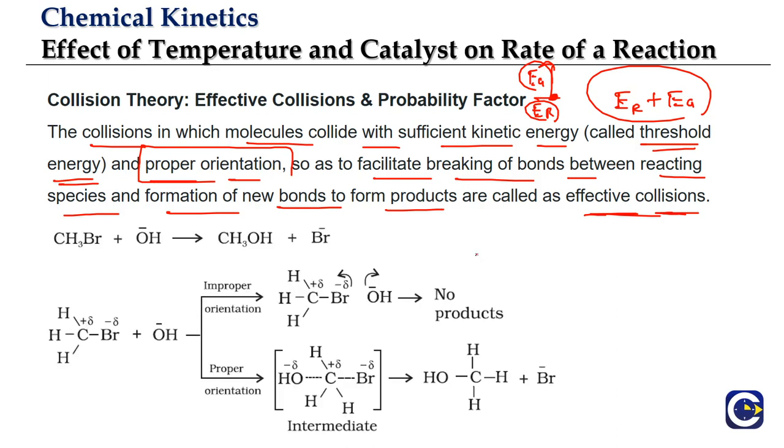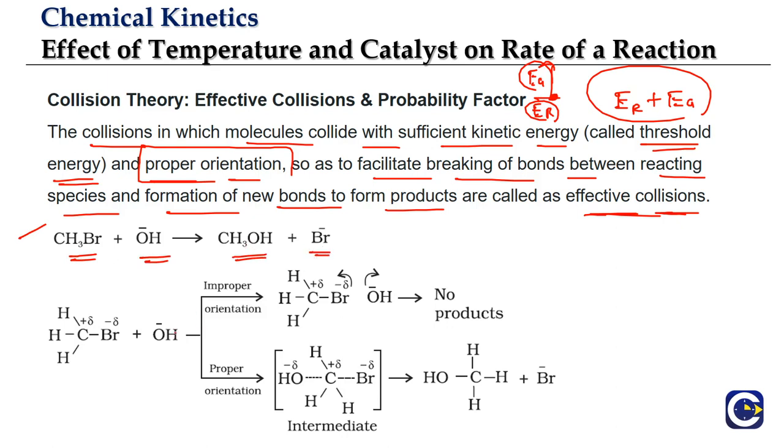So if you look at any simple reaction like CH3Br, methyl bromide, reacting with OH minus, when there is a collision, there will be a nucleophilic substitution that will give us methyl alcohol and bromide ion.